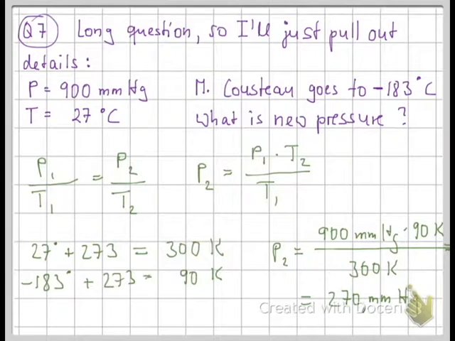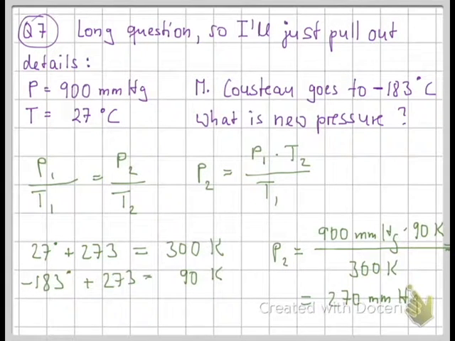So since I'm not putting a dot there, 270 actually only has 2 significant figures, and that would be the answer for that. So the pressure, of course, goes down. As you're chilling something, the gas will be more condensed and the pressure will be less if you have the same size of container.